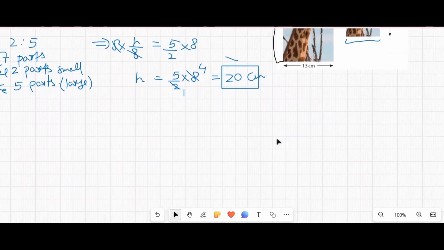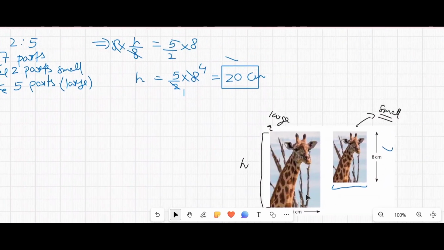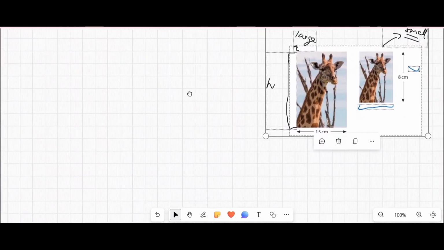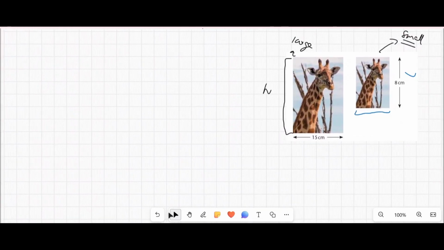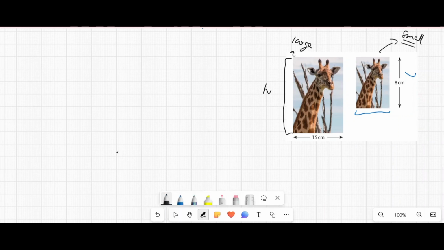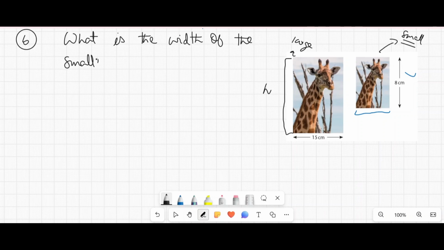So part B question is: what is the width of the smaller photo?